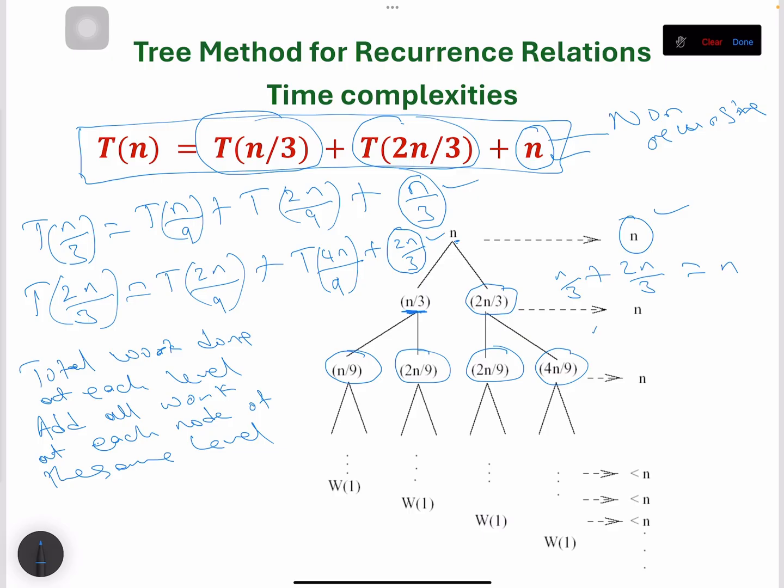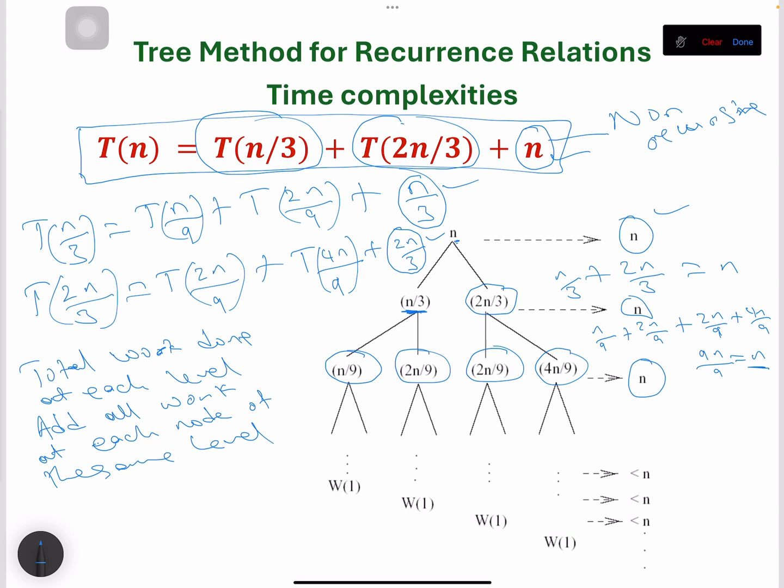So n by 9 plus 2n by 9 plus 2n by 9 plus 4n by 9. You see that? So what you have there is like 9n by 9. Everything is going to be n. That's why this guy is also n. So at every level, the total work done will always be n.